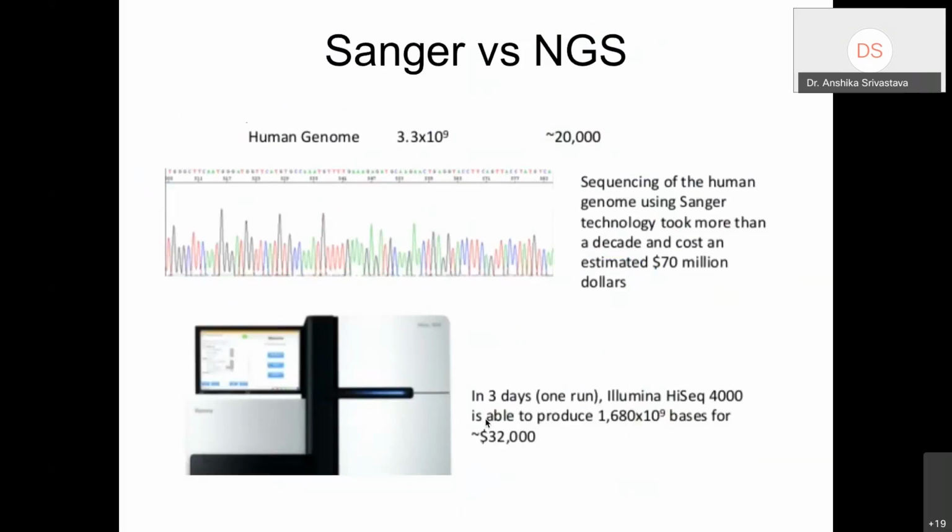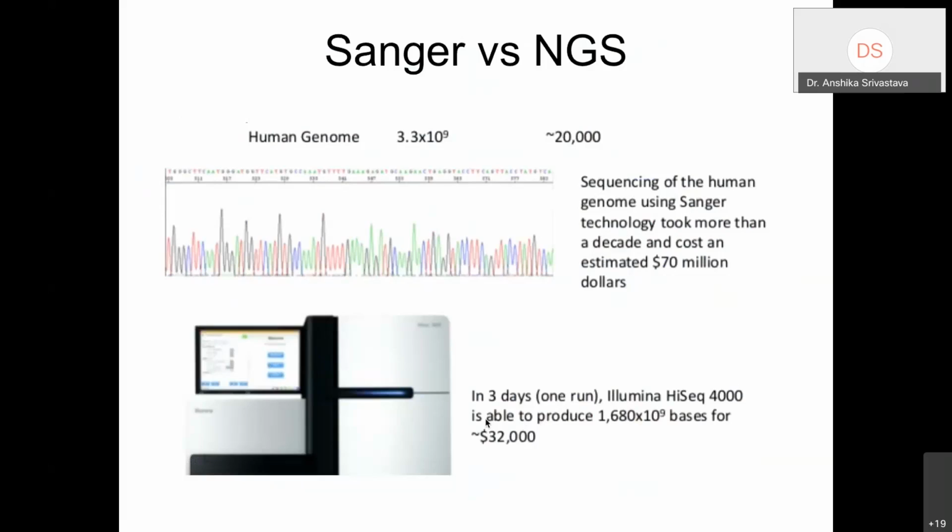But why is it more efficient compared to Sanger? When we compare NGS with Sanger, sequencing of the human genome using Sanger technology took more than a decade, and it cost an estimated $70 million. Whereas with NGS now you can get the DNA sequenced in 3 days, and it is able to produce 1.68 x 10^9 bases.